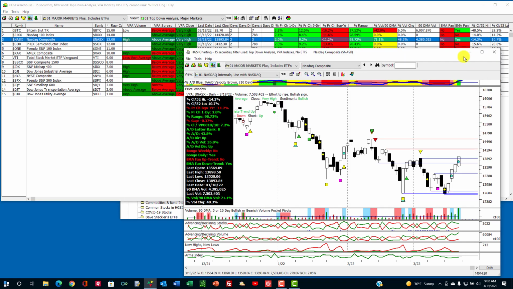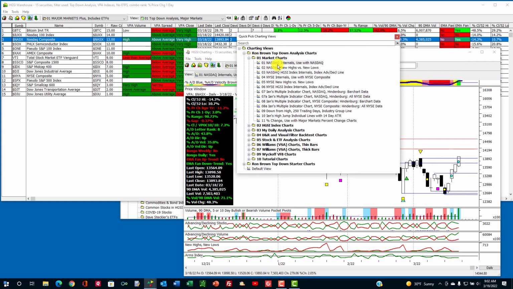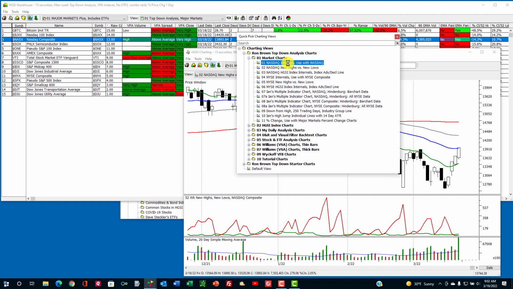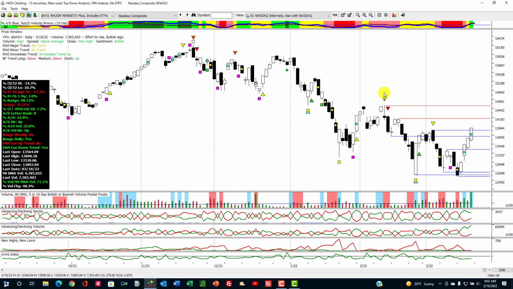Let's take a look at the composite. I'll bring this chart up, and then I'm going to go to my market charts where I'm already there. So make this full screen. And yesterday morning I sent out a screenshot saying that if the composite got through this area right here, we're in the process of forming a strong W formation.